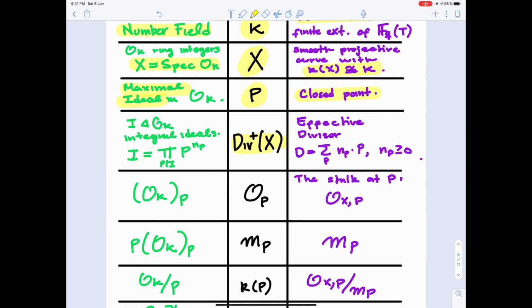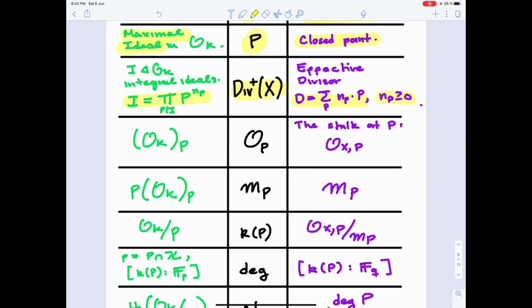So I have a prime factorization into prime ideals, into maximal ideals, given by the Dedekind condition. An effective divisor in general is just a formal sum of closed points where the coefficients are non-negative. By O_P, in the number field case, I mean the localization of the ring of integers at the maximal ideal P.